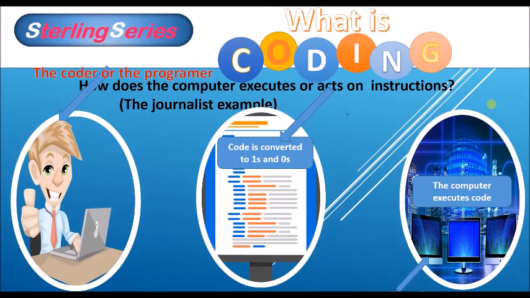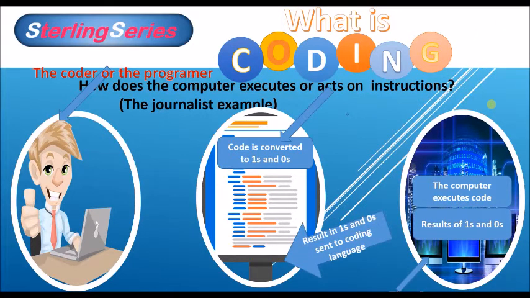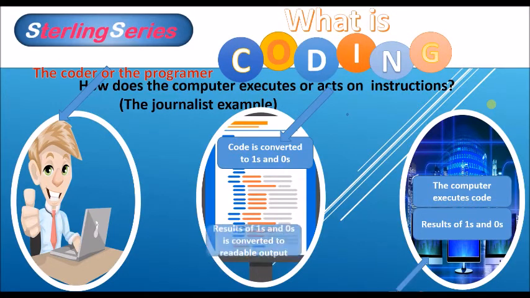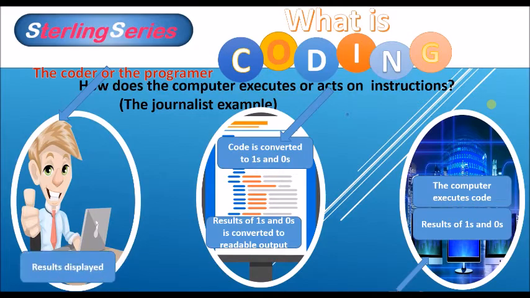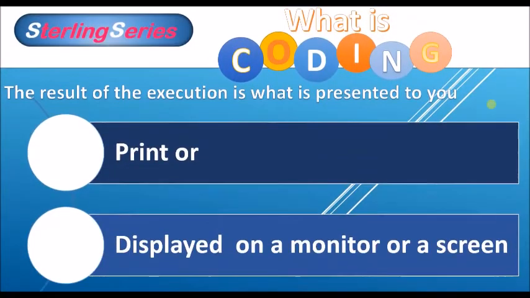This is sent back to the interpreter or the coding language, and the coding language also converts these ones and zeros to a form that is readable or that the coder or the programmer understands. And so this is sent back to the programmer and is satisfied with the output. So you could see that the interpreter in the middle here, or the coding language, performs a crucial role in programming. Okay, so in all this, after everything, the result is displayed to you in a print form or displayed on your monitor.